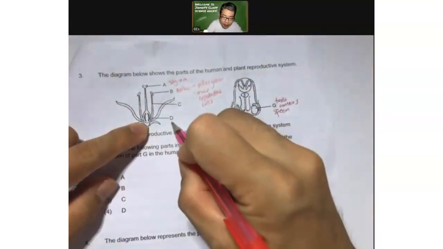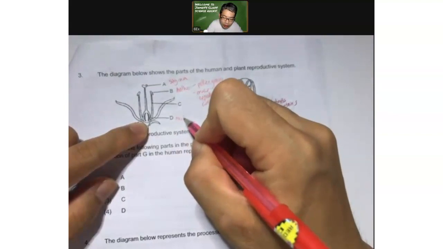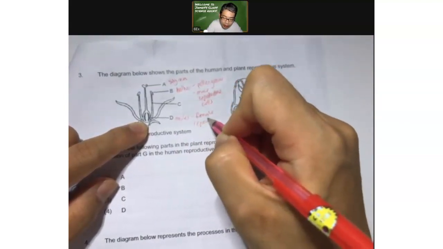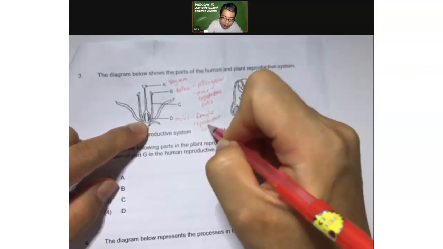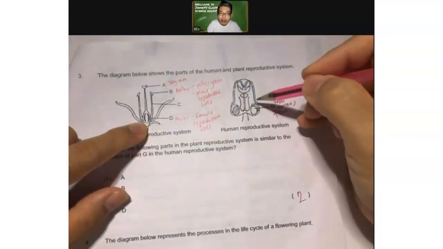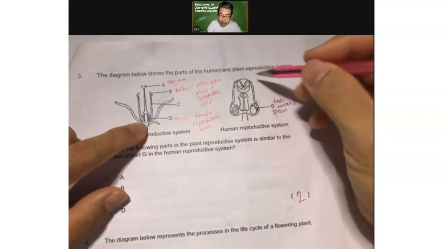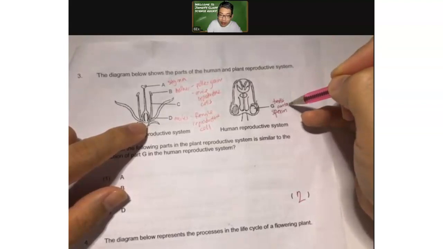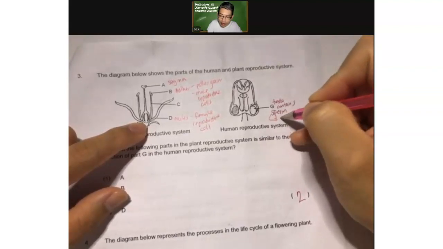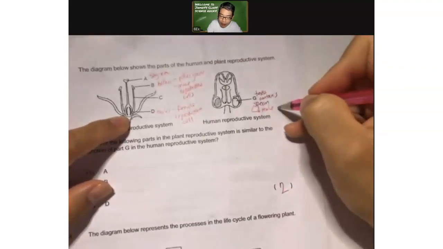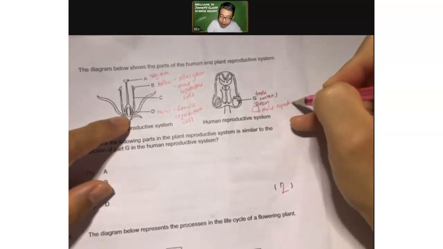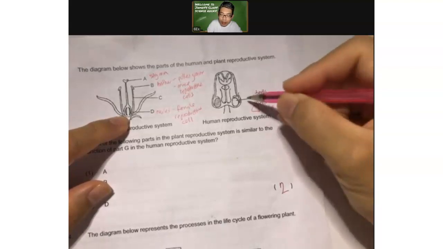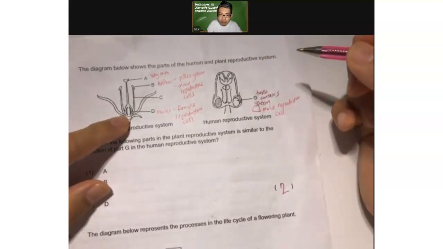D here points to the ovules, which will be the female reproductive cell. How about for this, this is the male reproductive system. Now, part G is the testis. It contains sperm, and sperm is actually the male reproductive cell in the human reproductive system.